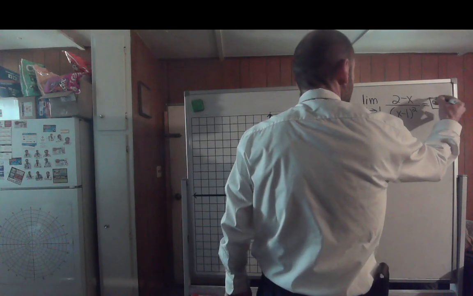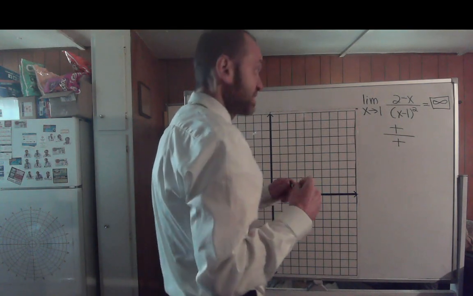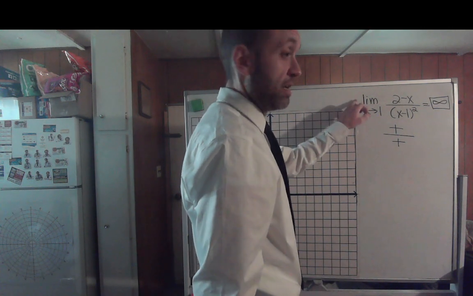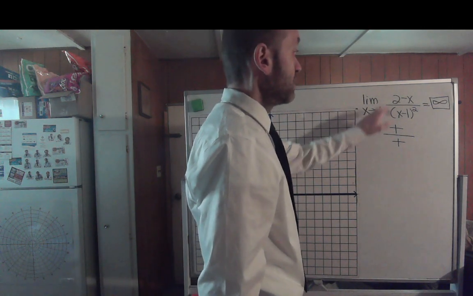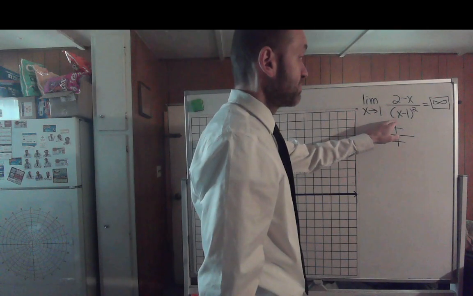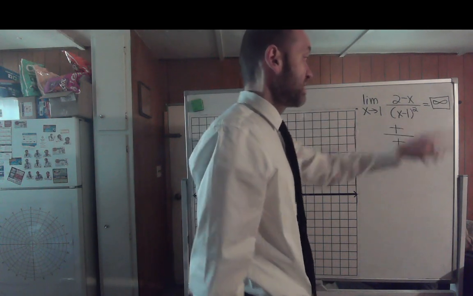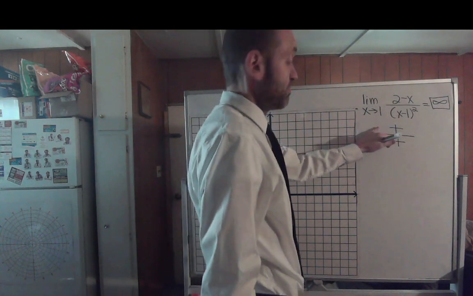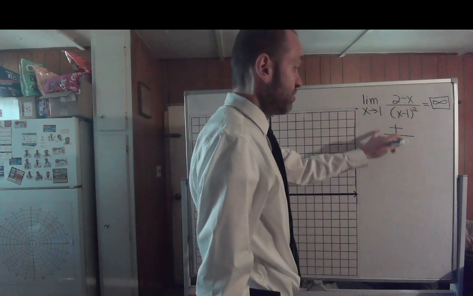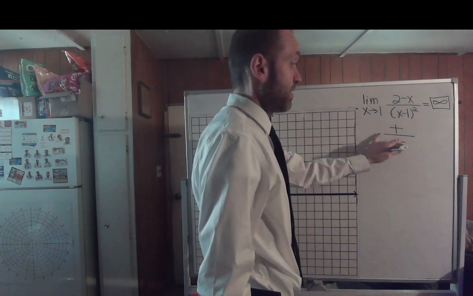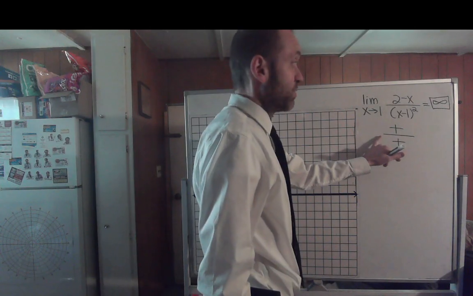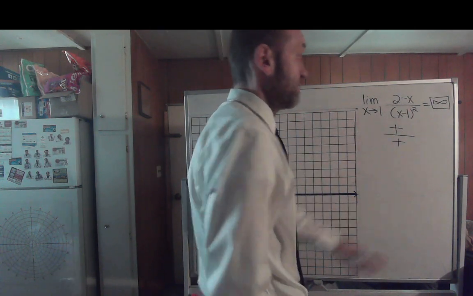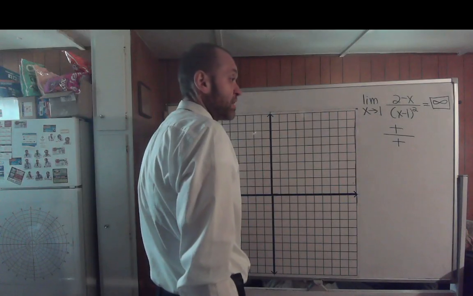So we can actually say the general limit exists for this function. The limit as x approaches 1 of 2 minus x over x minus 1 squared is positive infinity. Sometimes it might help you to just put the signs in your numerator and denominator to figure out what your sign's going to be, whether it's going to be a positive or negative infinity.